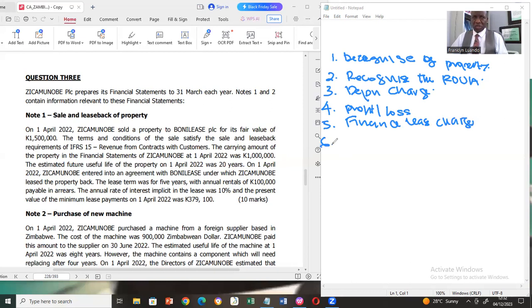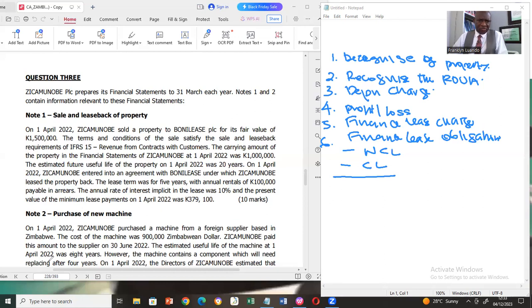Number six, you need to determine the finance lease obligations, which should be split under non-current liabilities and current liabilities. So basically, these are the steps that you need to take. Five items must be determined. So now let's go to the question.